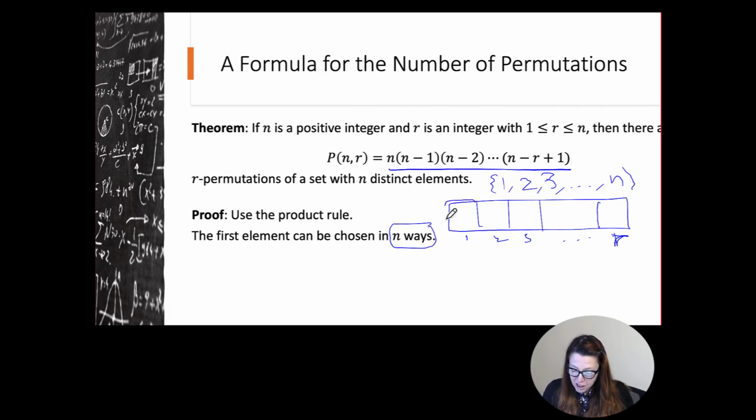So the first element, I can choose all of them, right? This is the number of ways. So I have n choices. And then for this position, how many ways do I have?